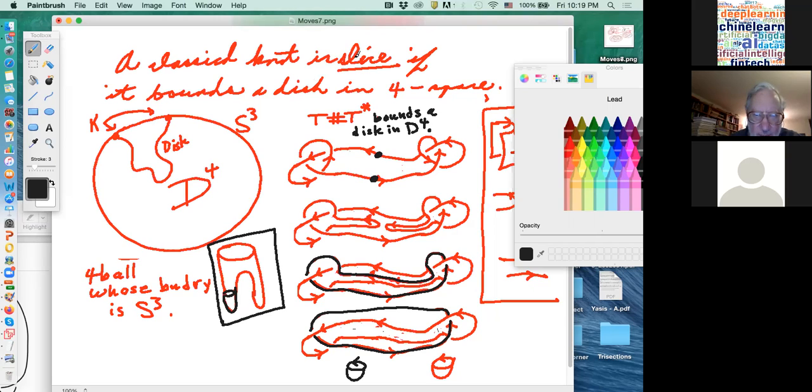Rotate the string upward in four space until it comes back down, and it will come back down turned into its mirror image, and it will have traced the disk as it goes up and back down. I'll just say it that way and you can think about it. Geometrical, but it requires a little more care in formulating the four space.